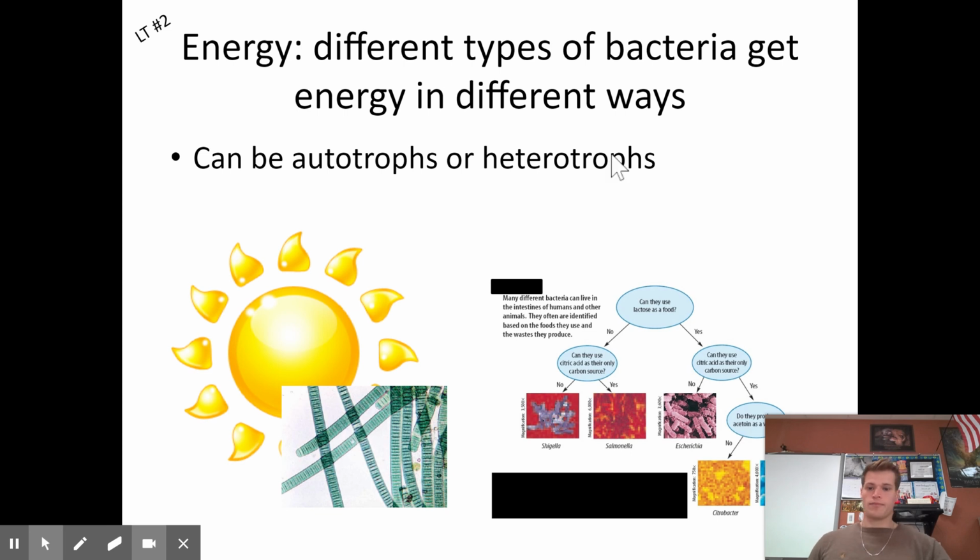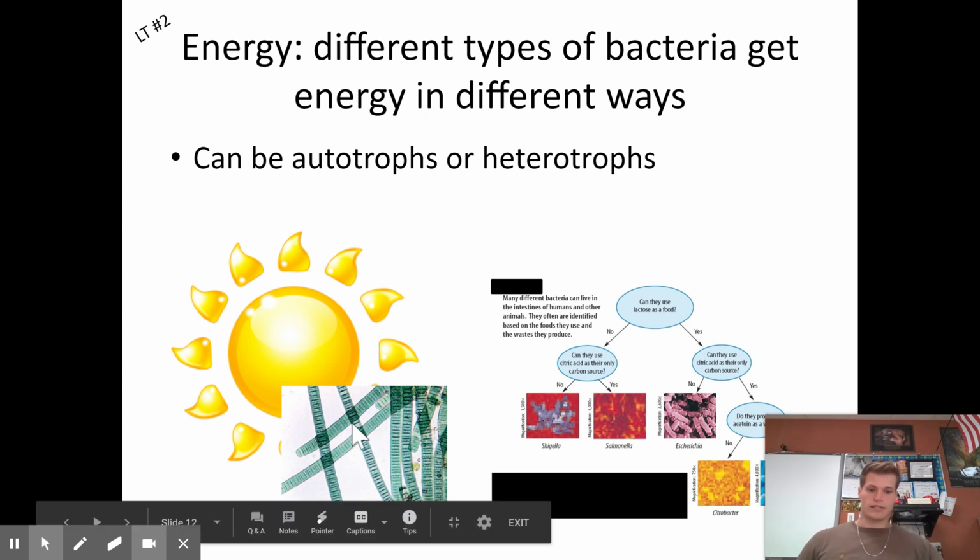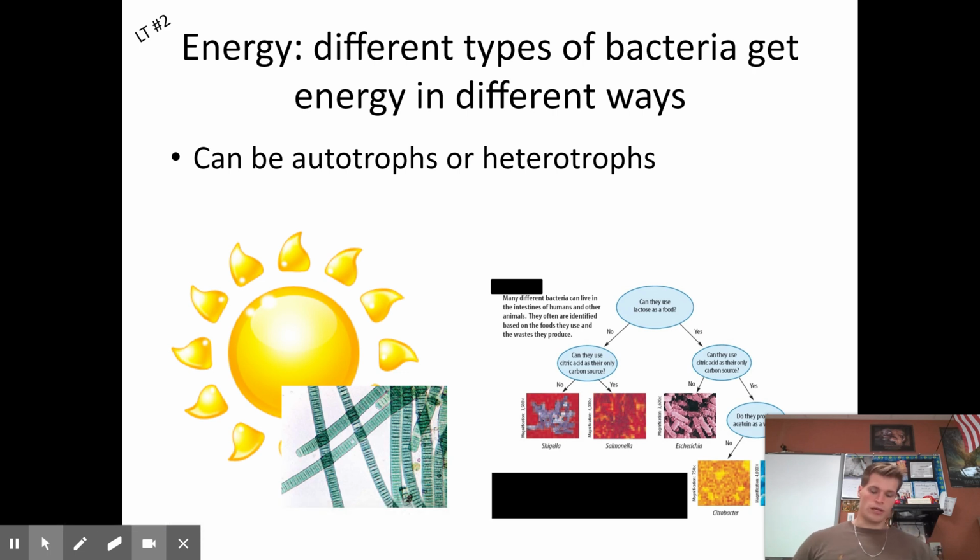Some bacteria actually have chloroplasts that can undergo photosynthesis and make their own food. So, they can make their own glucose and then they can do cellular respiration from there to create their own energy. But if they're heterotrophs, they need to eat other organisms or get their energy from a different source.